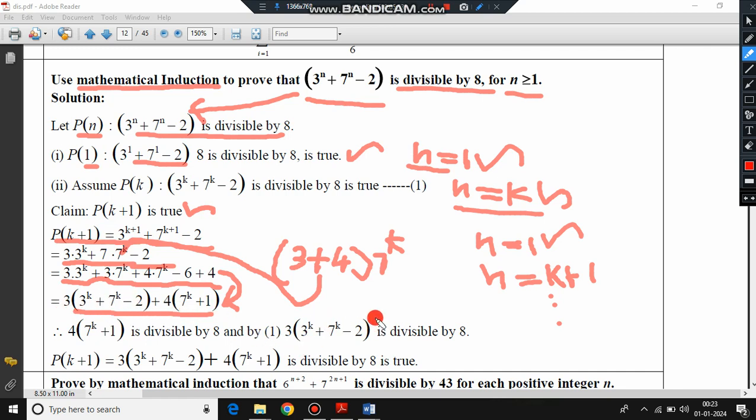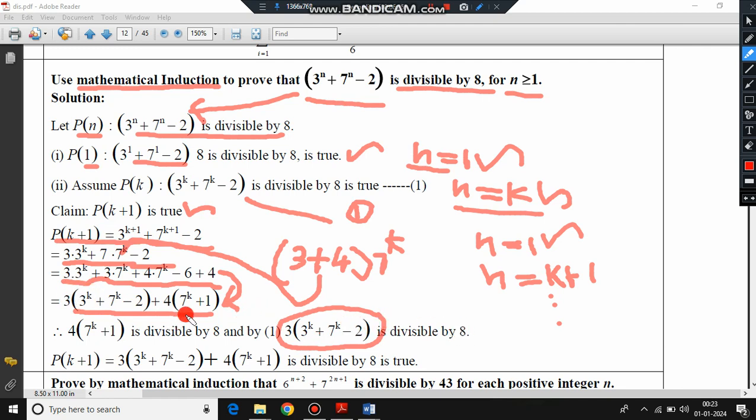This is divisible by 8 because, look at the first step, 3^n plus 7^n minus 2, otherwise this is equation number 1. From equation number 1, it is divisible by 8, we have assumed. Therefore 3 into something divisible by 8, definitely it is divisible by 8.